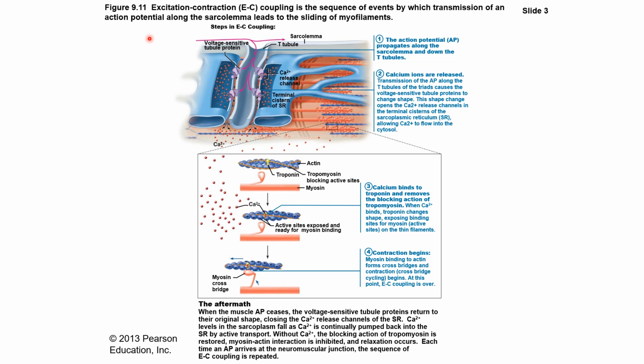If it reaches threshold and an action potential gets triggered, that action potential is going to run down the T tubules, changing the conformation of those DHP receptors and opening the ryanodine receptors, causing calcium to flood out. Once calcium floods out, it's going to bind to the troponin protein on our actin filaments, and the cross-bridge cycle can go ahead and begin.